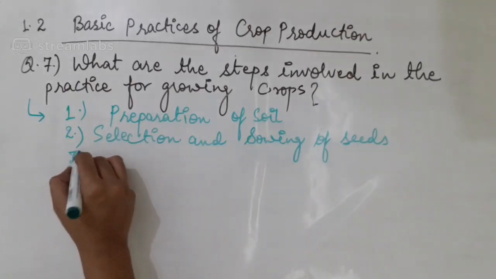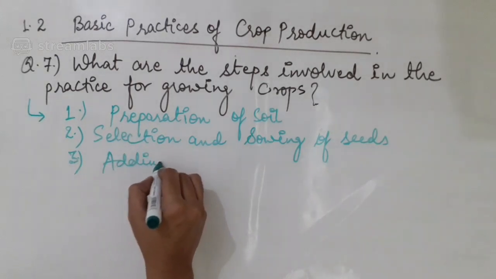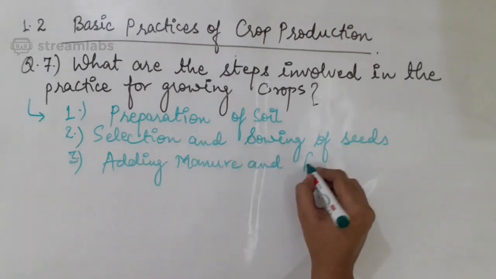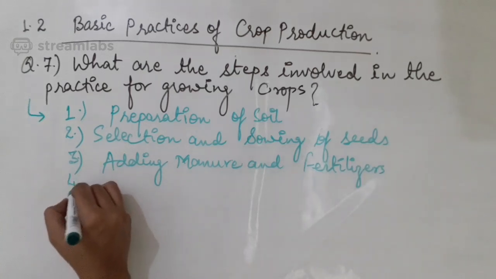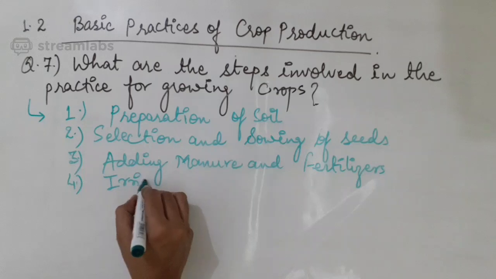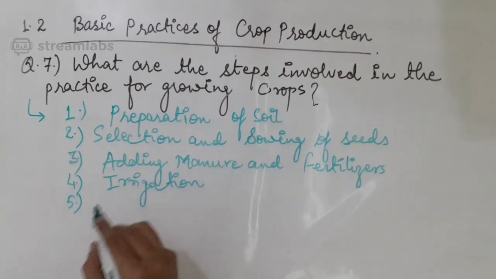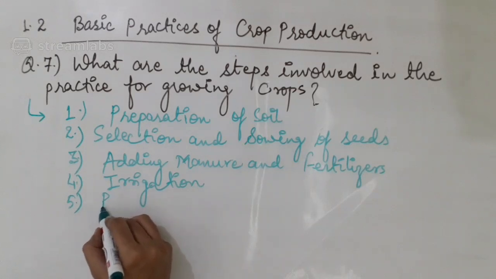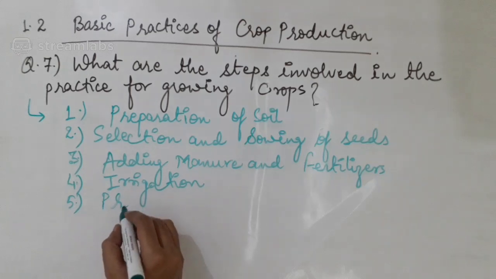Third, adding manure and fertilizers. Fourth, irrigation. Fifth, after irrigation, when the crops are growing, along with them, the unwanted and uncultivated plants grow, which needs to be prevented.